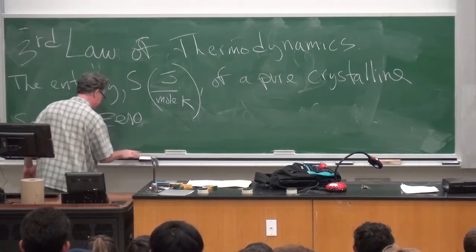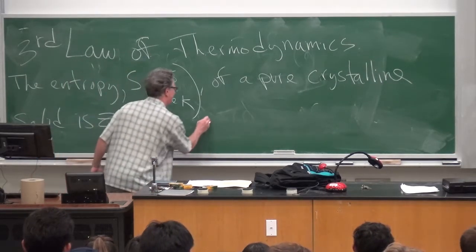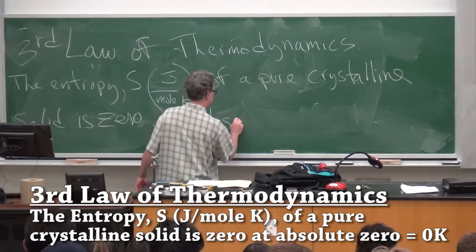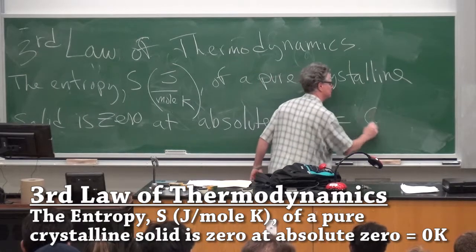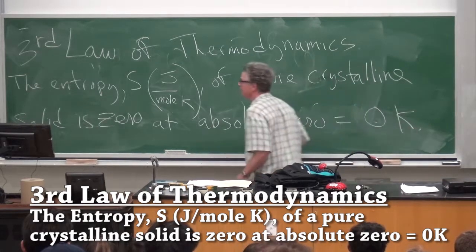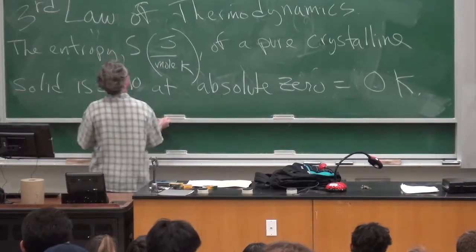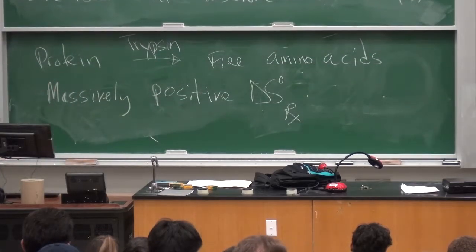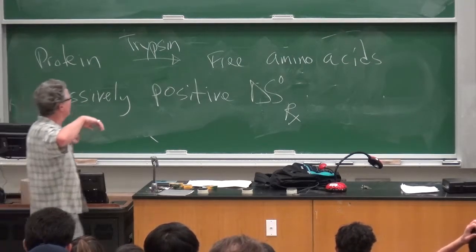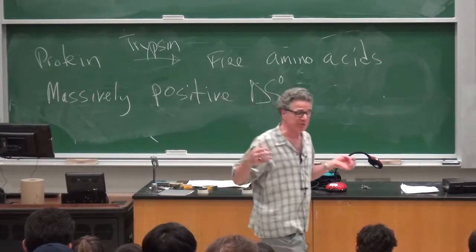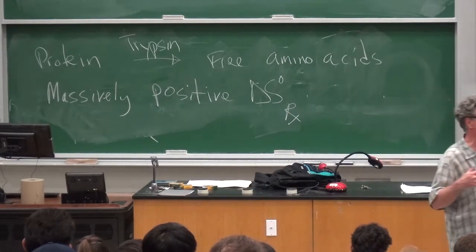I forgot the end of the sentence: at absolute zero. The entropy S in joules per mole Kelvin of a pure crystalline solid is zero at absolute zero temperature, or 0 K.